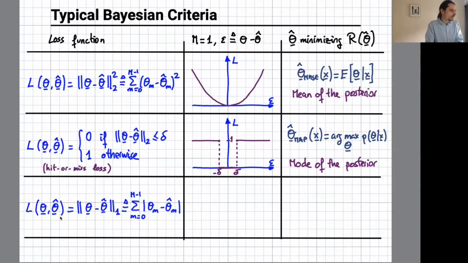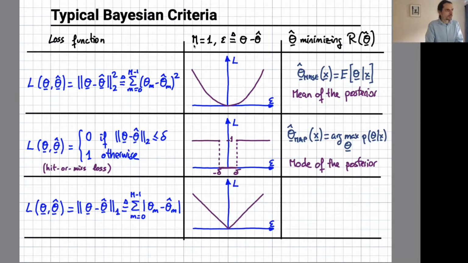And another possible loss, also widely used, is this one here, which is the L1 norm of the difference between the true parameter and the estimate. By the definition of the L1 norm, this is nothing but the sum of the absolute values of the differences between the true and estimated parameters.